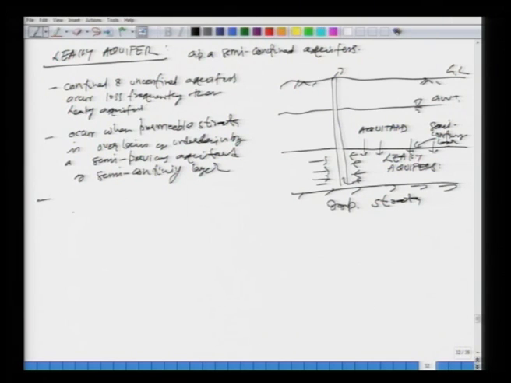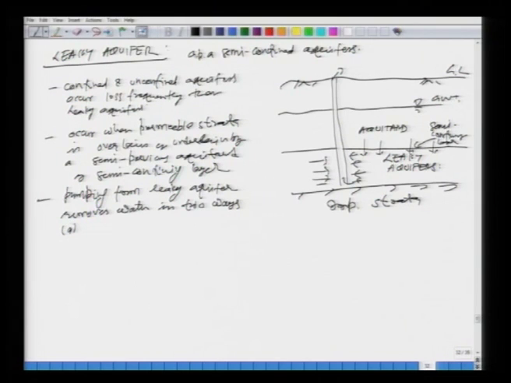Now, this is important to understand that the pumping from a leaky aquifer removes water in two ways. How?